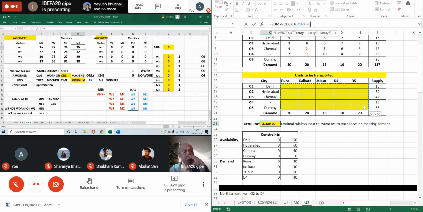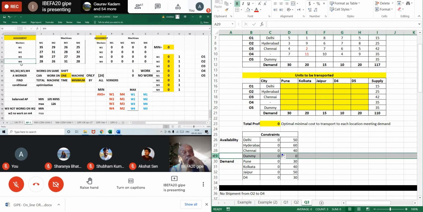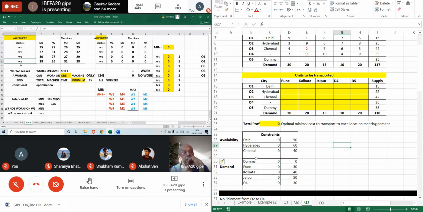So each worker has different assembly time on 4 machines. It varies from worker to worker. Clear the data? So this is time in minutes data.